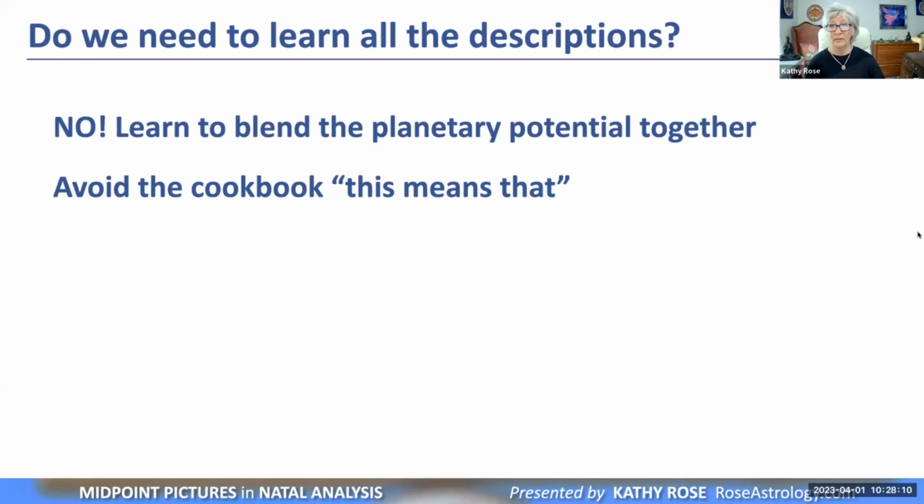That's how they were taught. Mars-Pluto contact means cruelty. There's many other interpretations of the combination of those two planets.